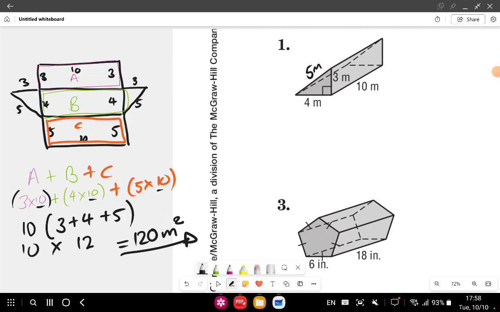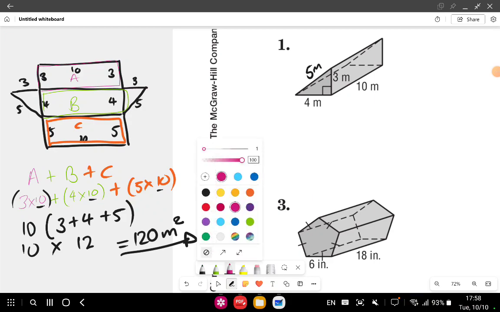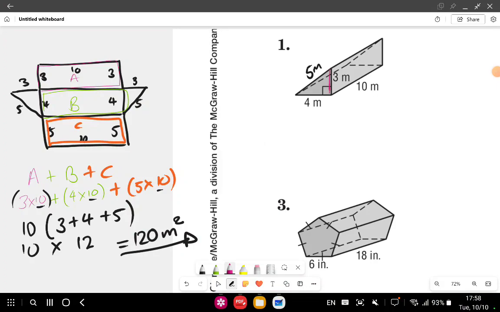So the short way of doing that is to say this edge plus this edge plus this edge. So on the base you add the edges, and then you multiply all of that by the perpendicular height.